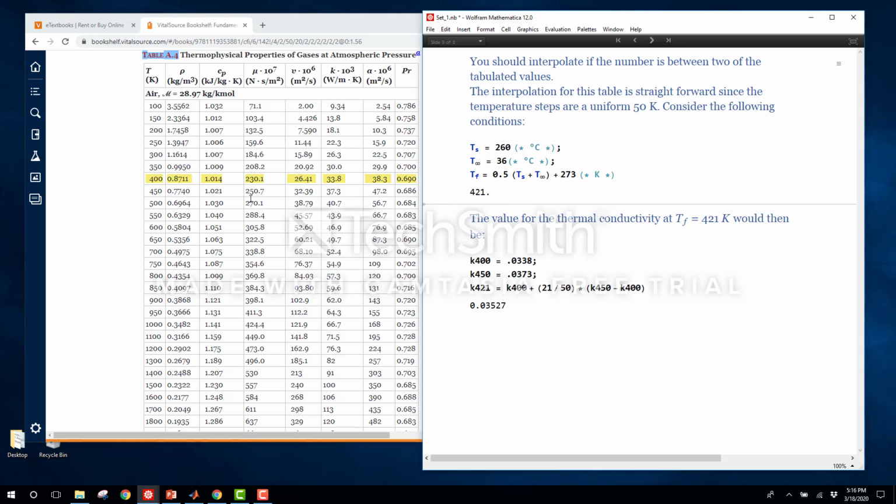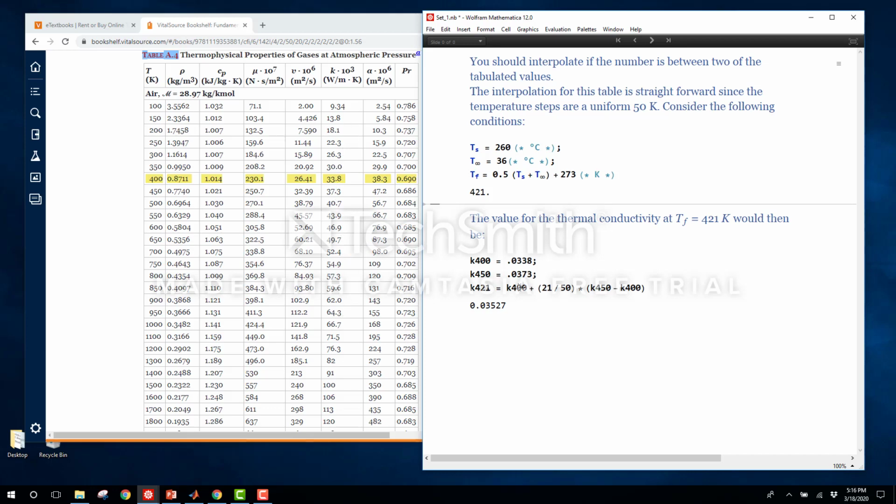So if I look at this, my k value at 400 is 0.0338. My k value at 450 is 0.0373. So for the value that I want at 421, you look at all of these values for thermal conductivity, they're always increasing.